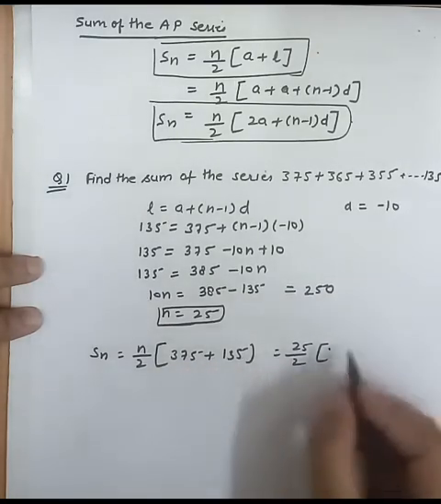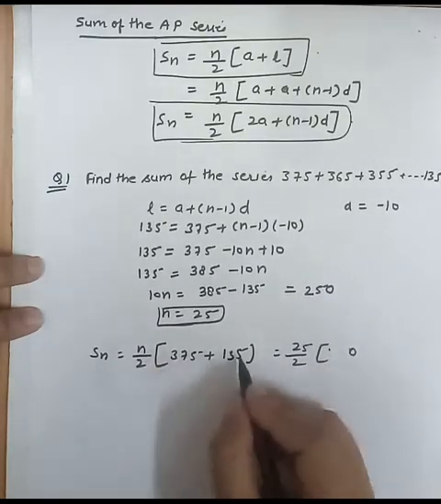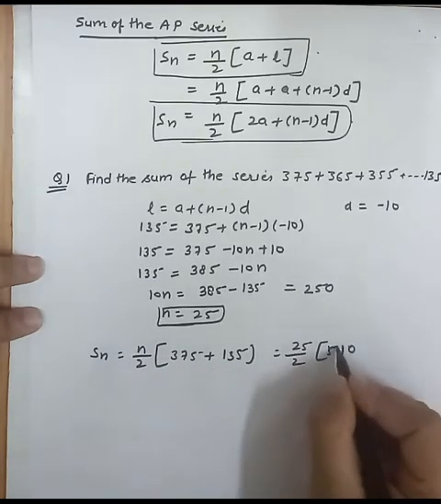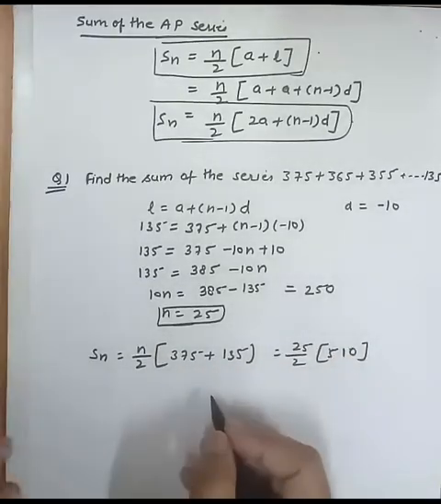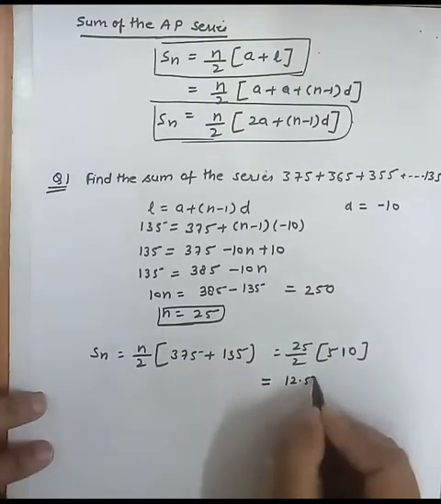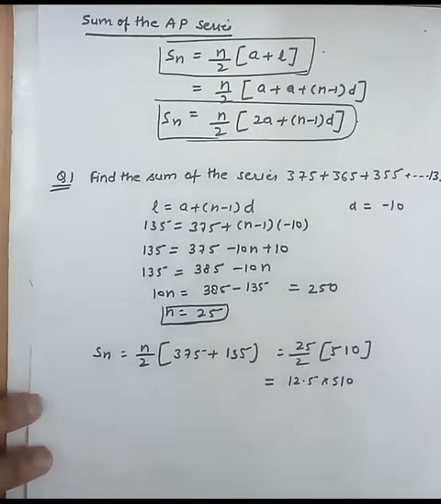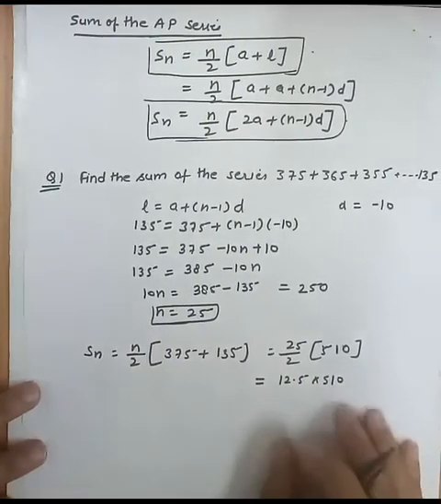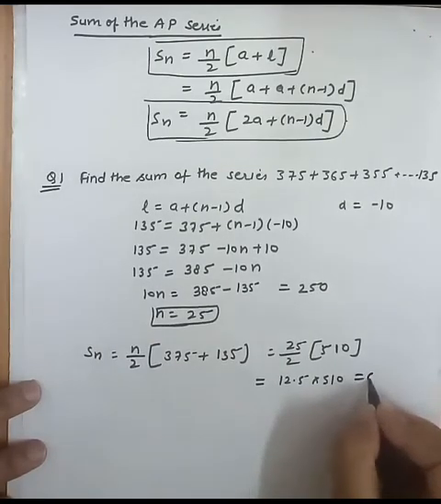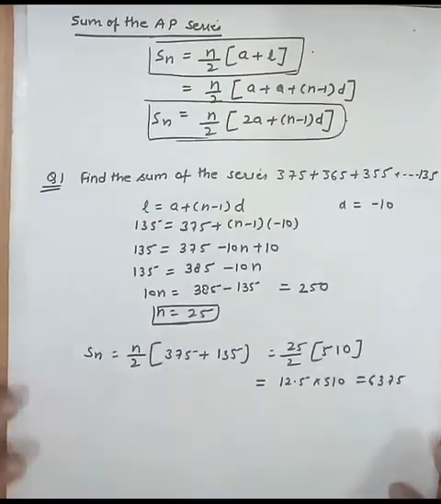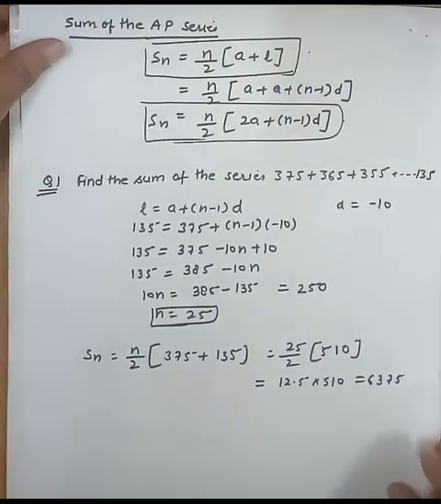So this is 510. Now you can solve 12.5 into 510, and the value comes to 6375. Okay, so this is your first question's answer.